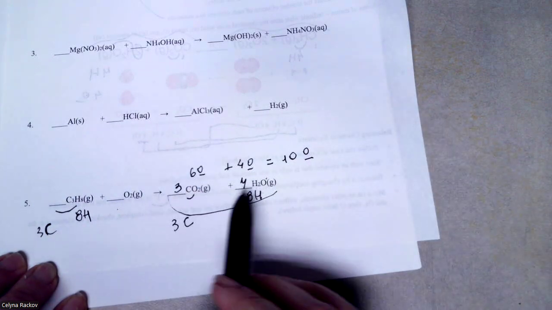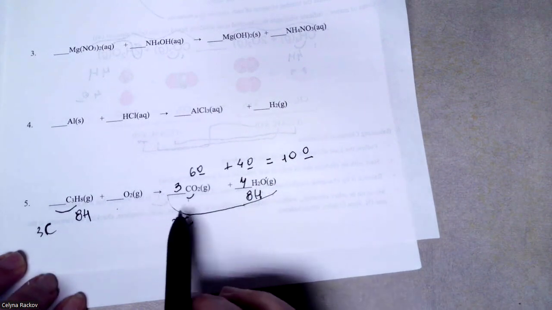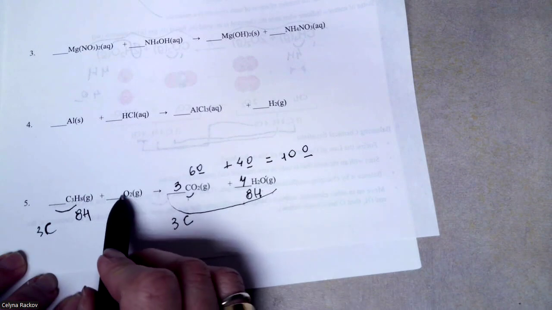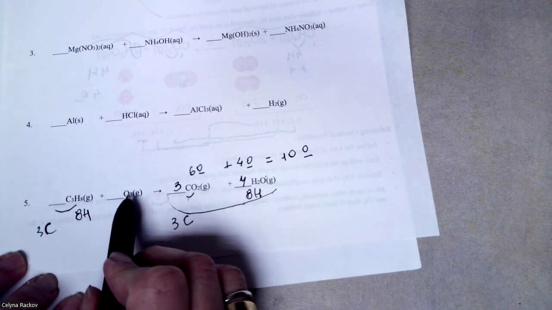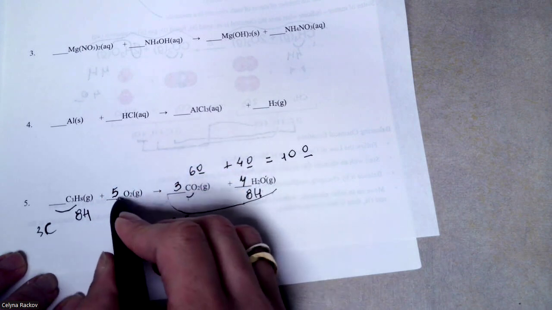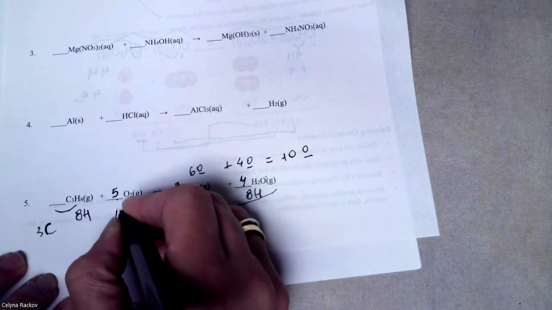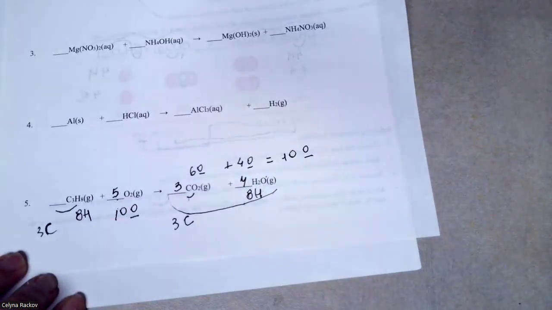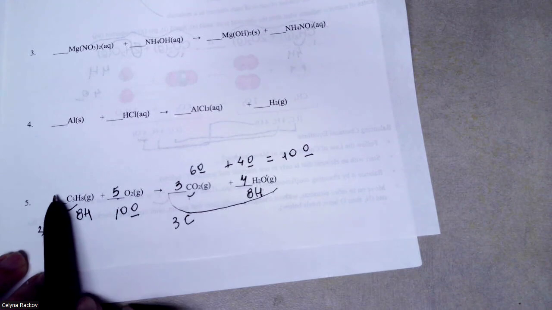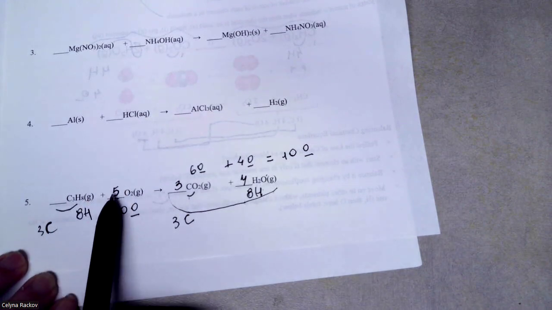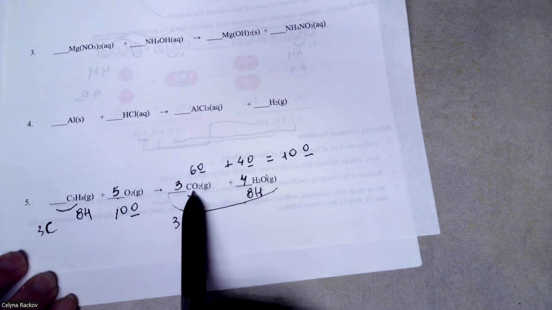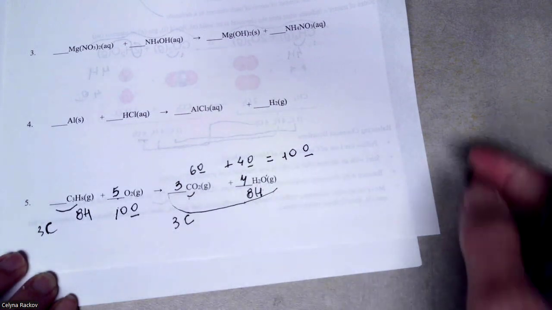So if you have 10 oxygen in the product, you need to have 10 oxygens on the reactant side. That means the number 5 for the O2, 5 times 2, 10 oxygen, right? So the reaction is balanced with 1 propane, 5 oxygen, producing 3 carbon dioxide and 4 water.